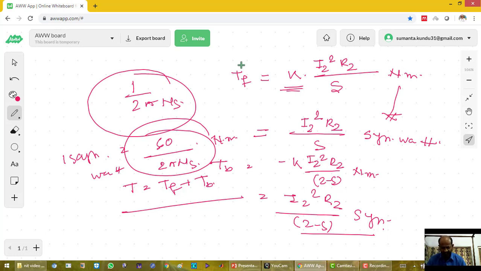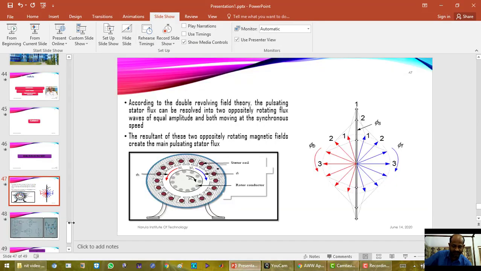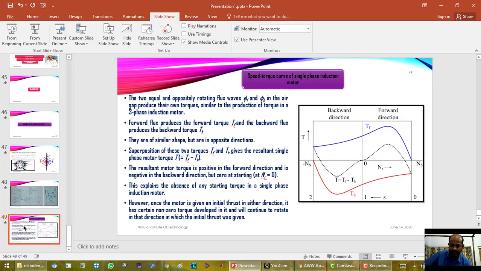Now if we see our torque characteristics, from here we can see the total range is from 0 to 2. This is the slip range, 0 to 2.